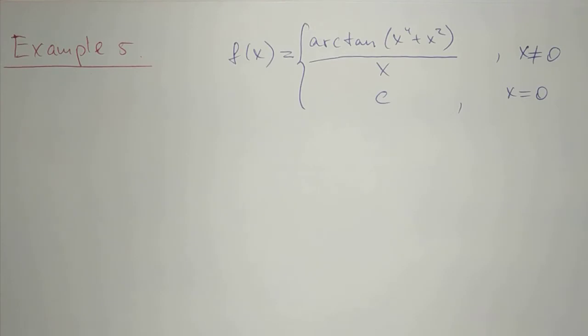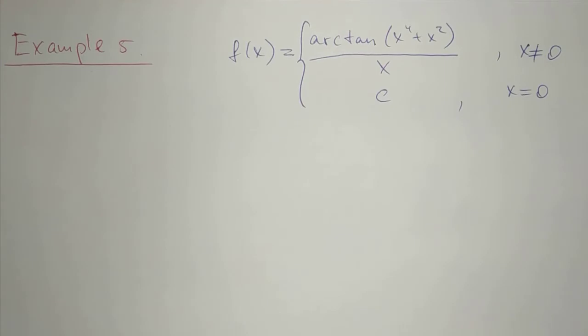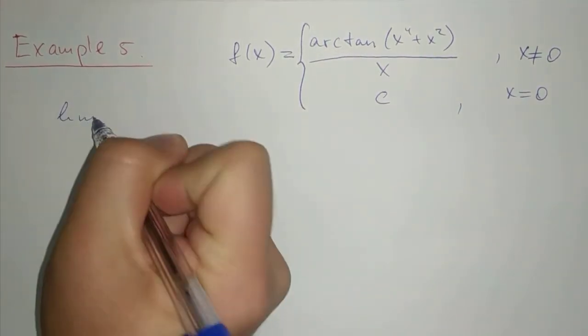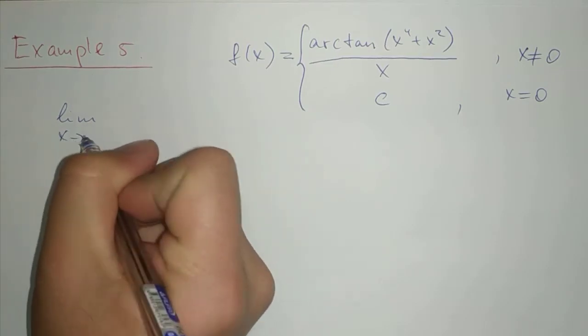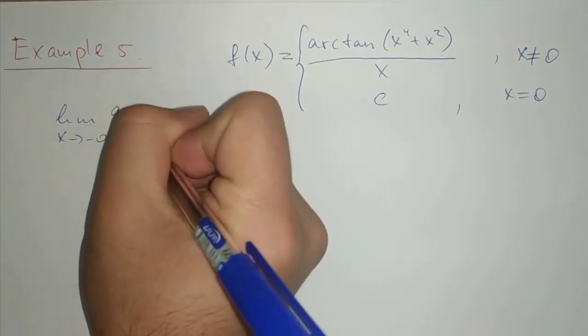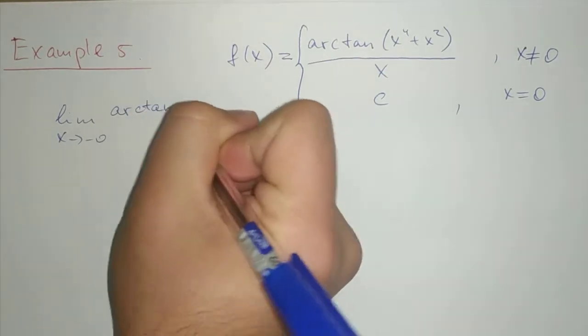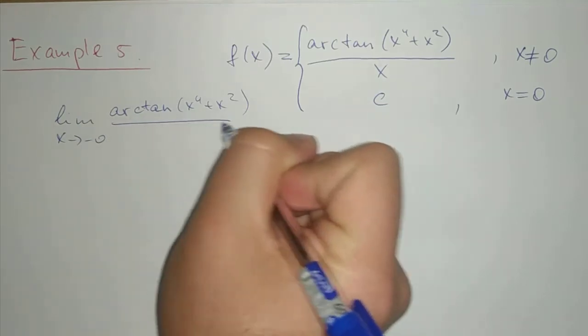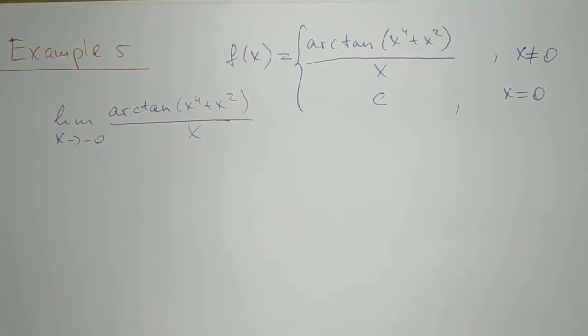So let's write the left side limit of this function. Limit as x tends to minus 0 of arctangent of x fourth degree plus x squared, over x.